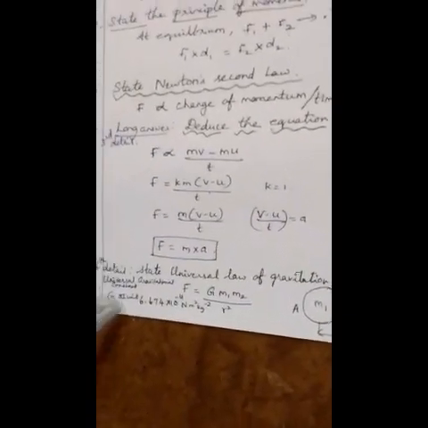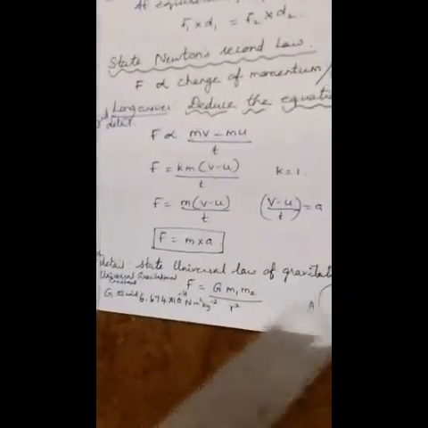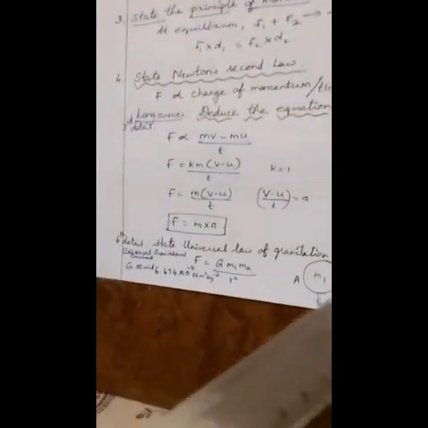Then next question, state universal law of gravitational force. In this, they are considering two bodies A and B. Their masses are m1 and m2. Force on the body A is F1, force on the body B is F2.